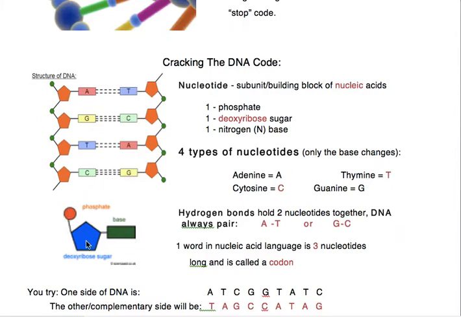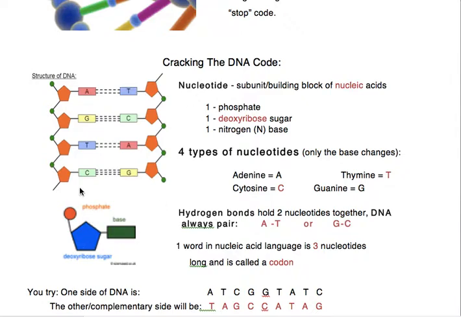This is a nucleotide. It's a phosphate, a sugar, and a nitrogen base, which is right here. That is the building block of a nucleic acid. They both begin with nucle, and that C is a hard K sound. It's nucleotide, not nucleotide.